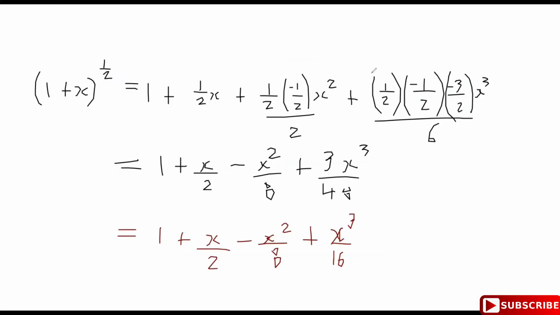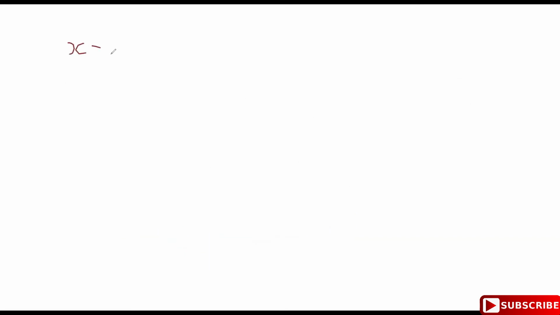Before we can even tackle that one, to find an expansion for x minus 1 over x squared plus 5x plus 6, the first thing we have to notice is that we have to break this up into partial fractions.